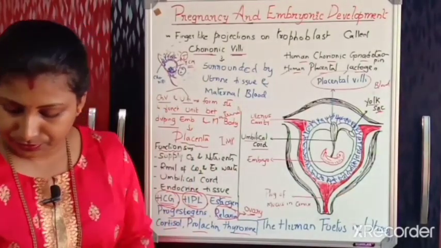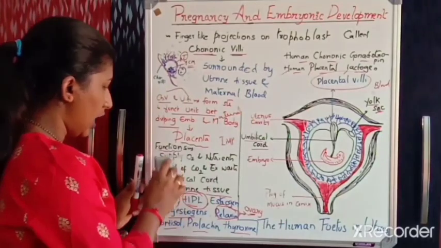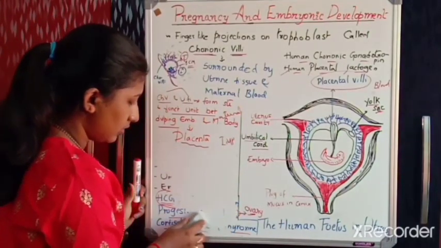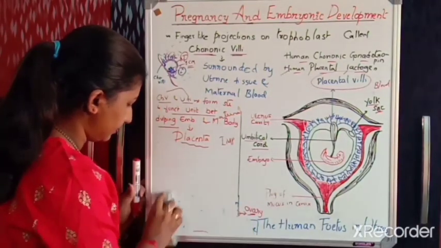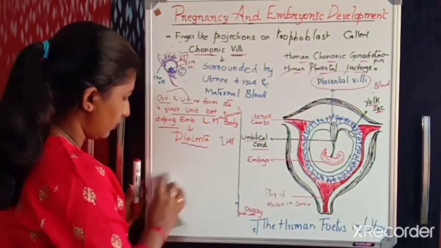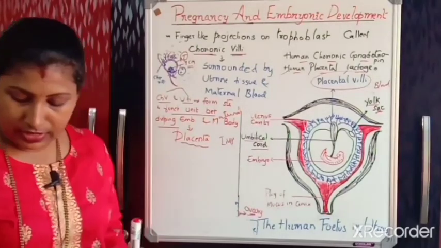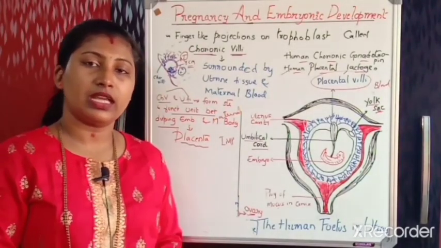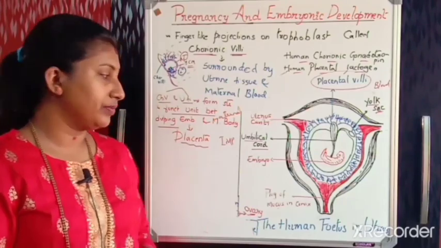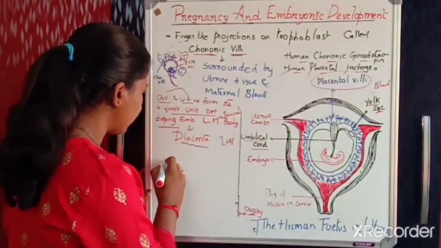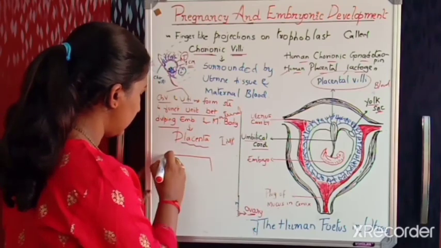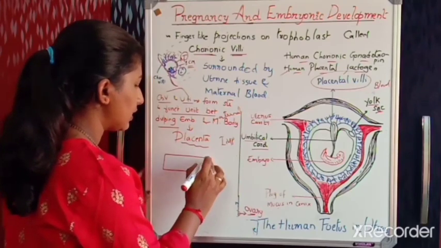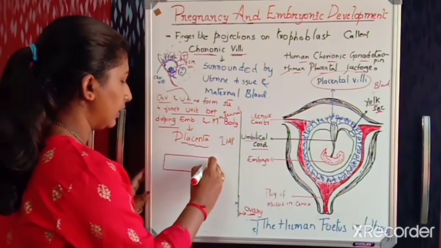Now, you may ask how the pregnancy detection test is done. Nowadays, within 5 minutes the pregnancy detection test can be done. For that, there will be a strip like this. This is called a pregnancy detection kit.